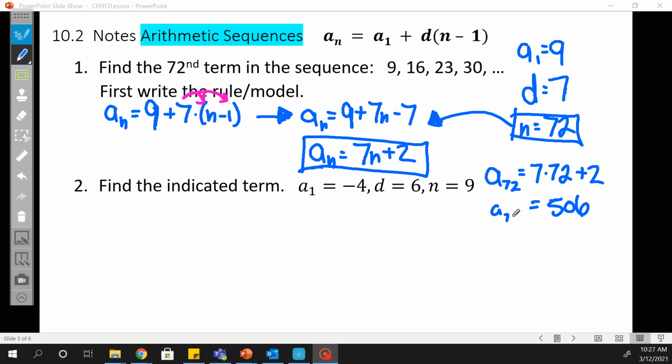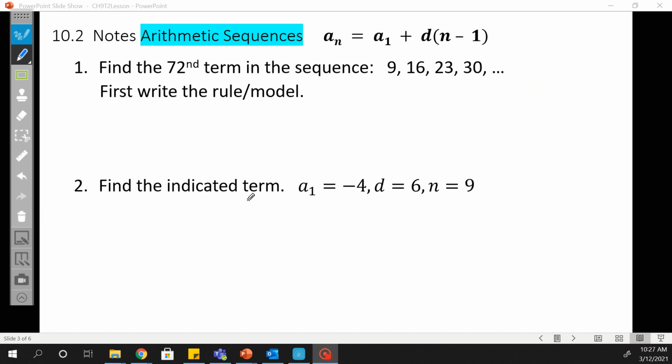So the 72nd term in the sequence given to me is 506. It's a lot easier than writing out 700 different numbers. So the rule slash model slash formula is right here, and we use that rule to generate any number in the sequence.